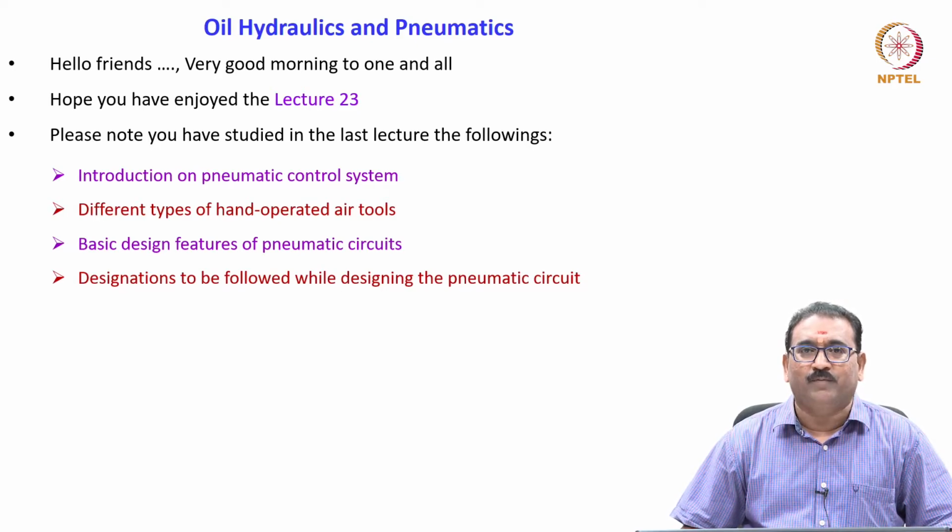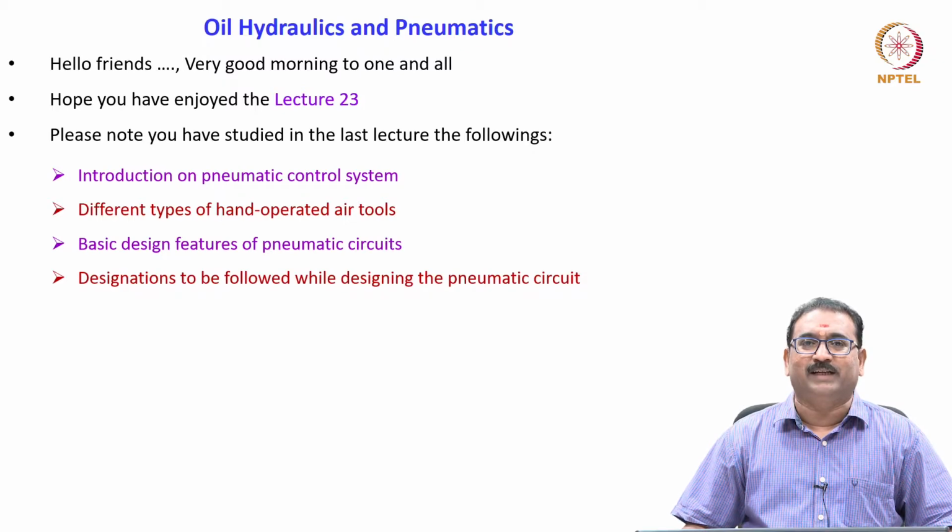Please note, friends, in pneumatics we represent the cylinders as 1.0, 2.0, 3.0 if multiple actuators are there, and all the valves are numbered, which we have learned in the last class.